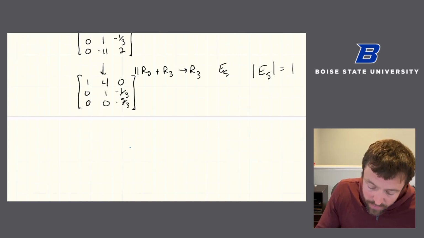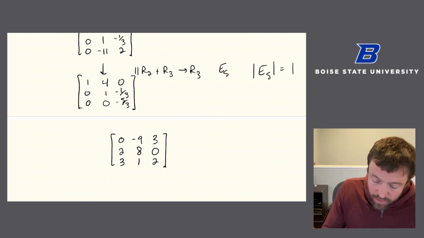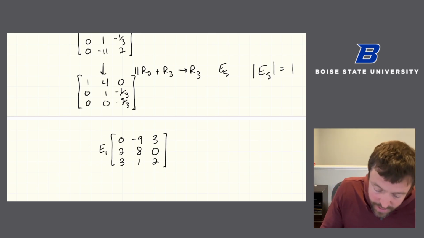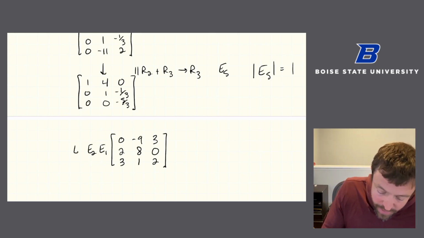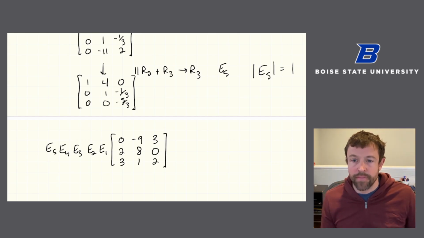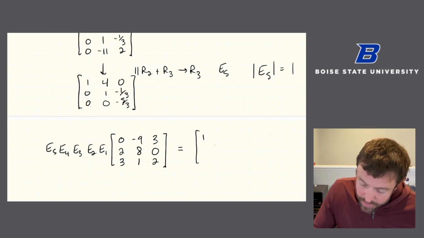So one way of thinking about this is that I applied these row operations: first, I multiplied by E1, and then E2, and then E3, and then E4, and then E5. And what I ended up with is this matrix.